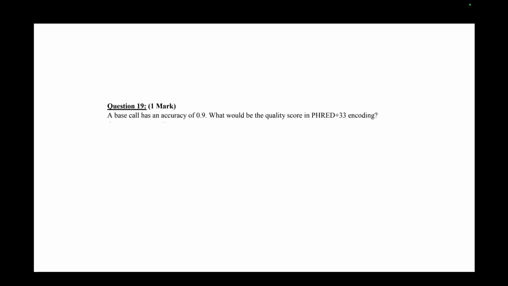This also you just have to put in the formula. You're given the accuracy. If you want to calculate the Phred score, you need to find the quality, so you need to find the error. The quality score is given by the error.